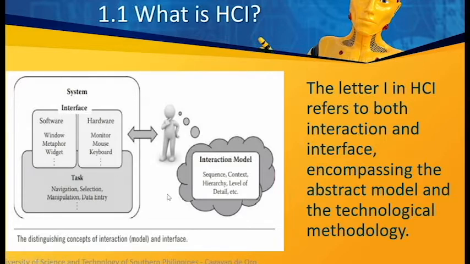For your communication to be translated in the interface, you also need the hardware, like the mouse and keyboard, for you to interact with the interface. Those are the tools for data entry, manipulation, navigation, and others. So that is the concept behind this figure. The letter I in HCI refers to both interaction and the interface.